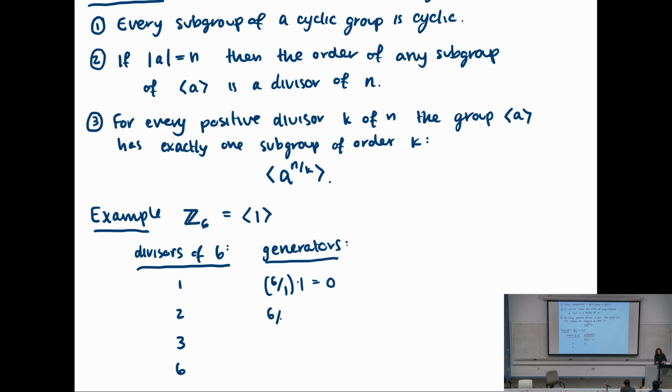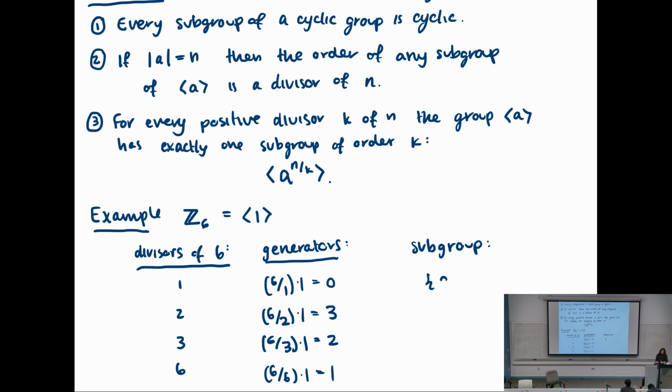We would have 6 divided by 2 times 1 is equal to 3, so 3 is the generator of the unique subgroup of order 2. 6 divided by 3 times 1 gives us that 2 is a generator of the subgroup of order 3, and then finally we know that 1 generates the whole group. So what is the subgroup that we get out of each of these?